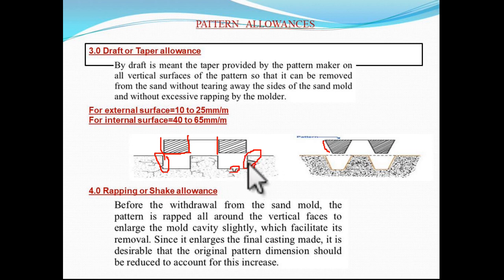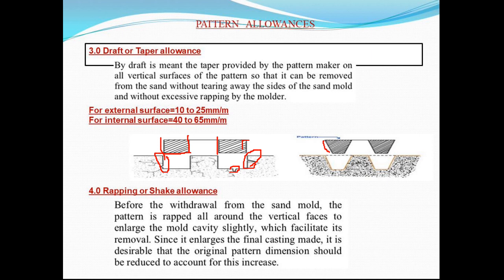So this is an example. If we remove the pattern in a vertical way, due to the friction between the pattern wall and the sand surface, there is a chance of creating this kind of surface defects on the cavity. If you notice this kind of surface defects on the cavity wall, there will definitely be surface defects on the final output also.